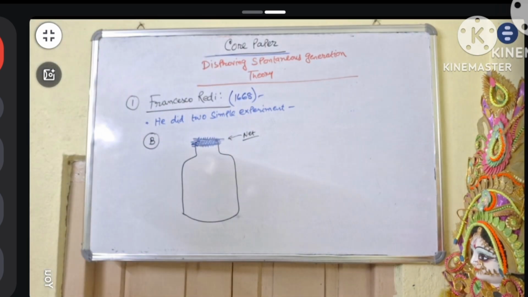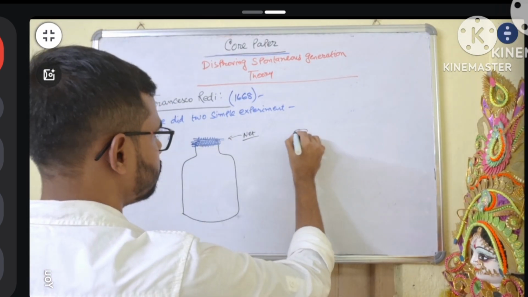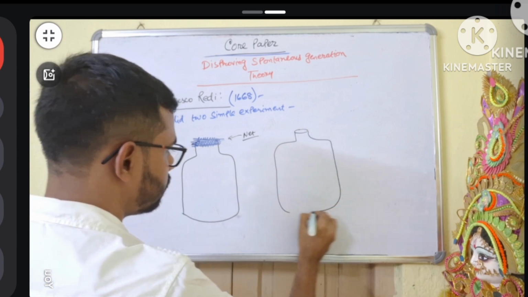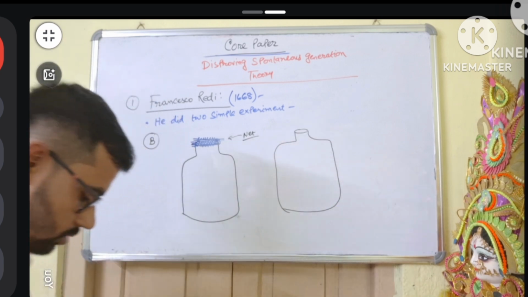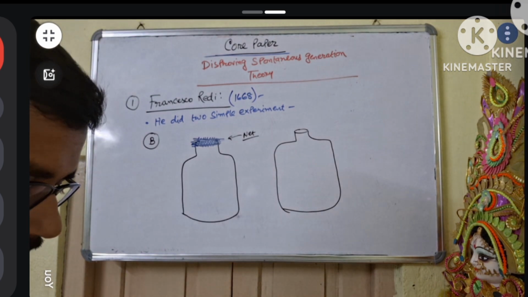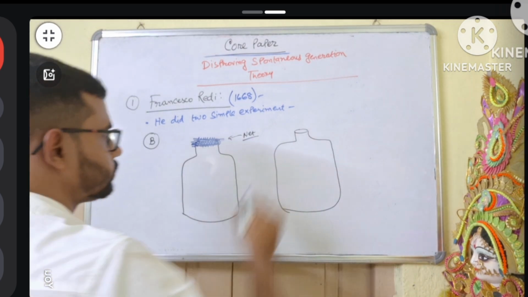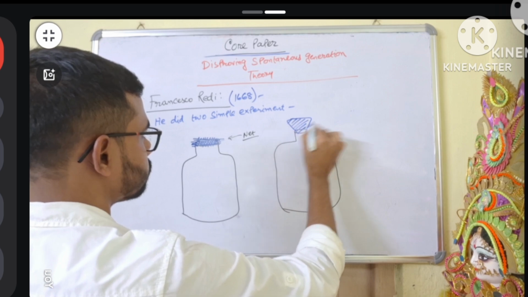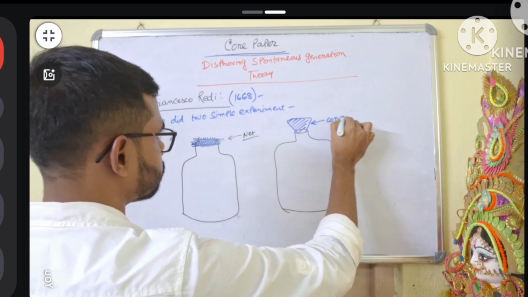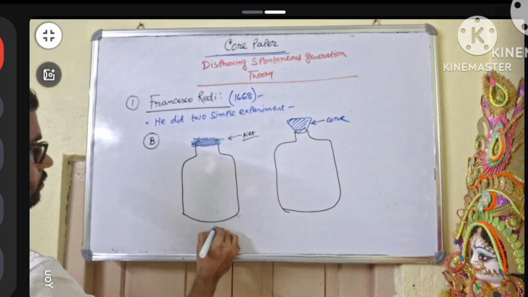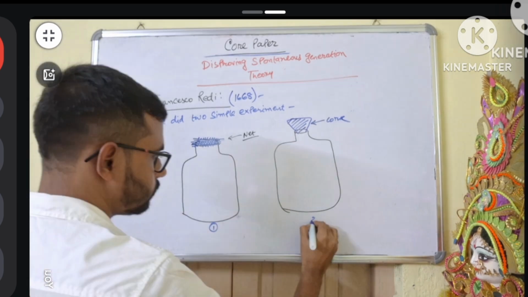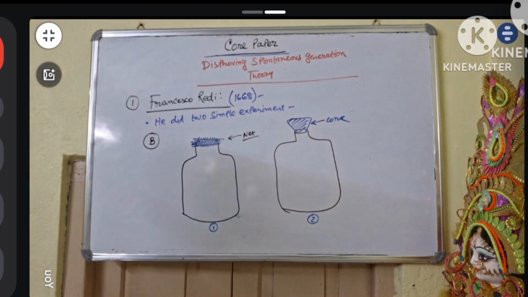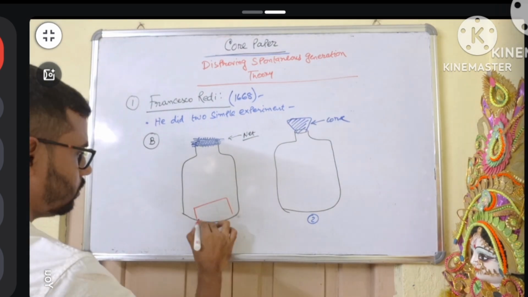And another flask jar with cork. Same things, a piece of meat is taken.